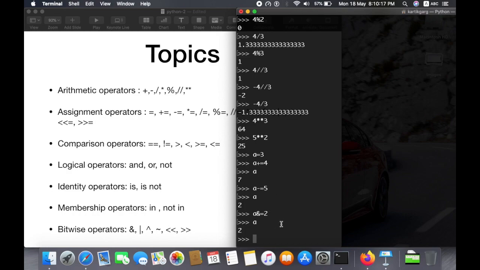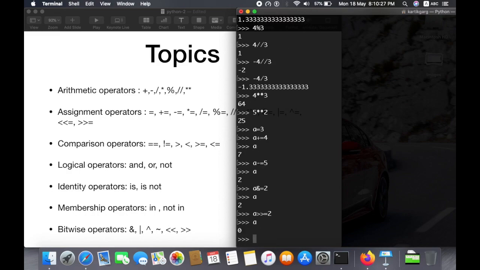Now if we talk about a right shift equals to 2, then what will be the output? 0. Why? The right shift operator converts the given operand value into its binary form, and then, depending on the second operand given, it moves the bits of the operand.